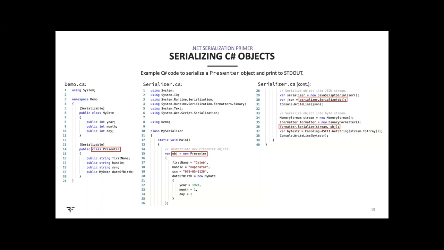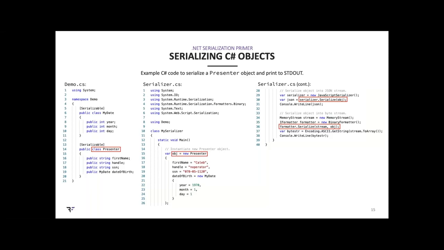On the left-hand side of this screen, I've defined a class called Presenter, and a presenter can have a first name, a handle, a social security number, a couple of attributes. I'm then instantiating a presenter object and assigning it the first name Caleb and the handle Operator.